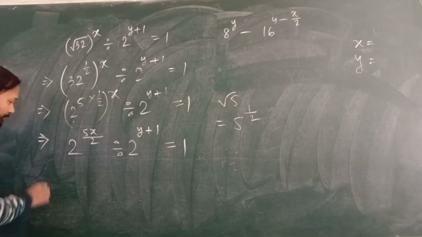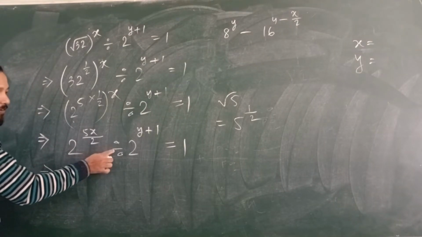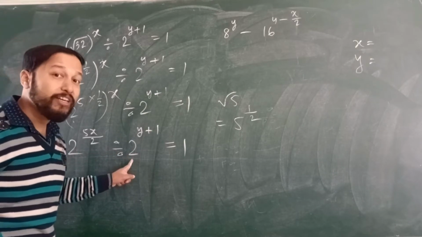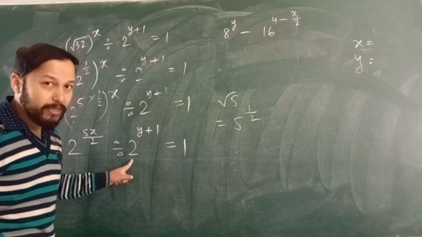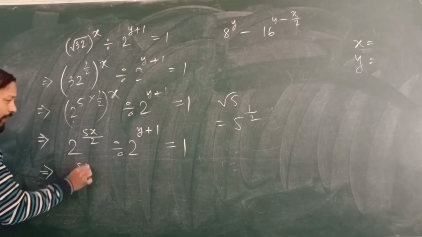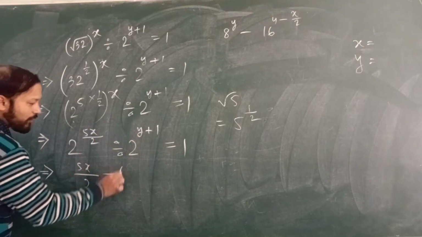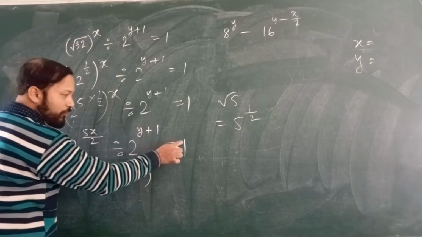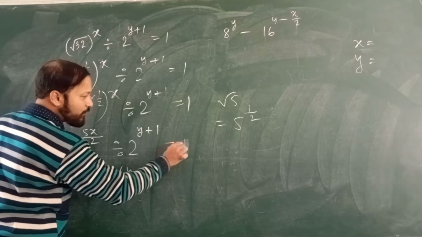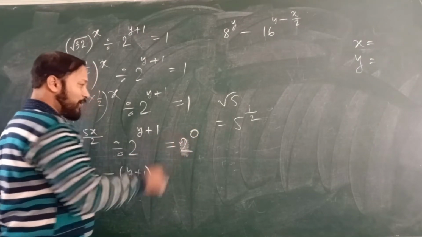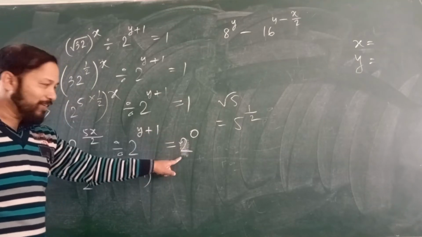Now, in case of division, when your bases are the same, the power gets subtracted. So 5x by 2 minus y plus 1, the power is subtracting. Instead of 1, I can write 2 to the power 0, because 2 to the power 0 is 1.